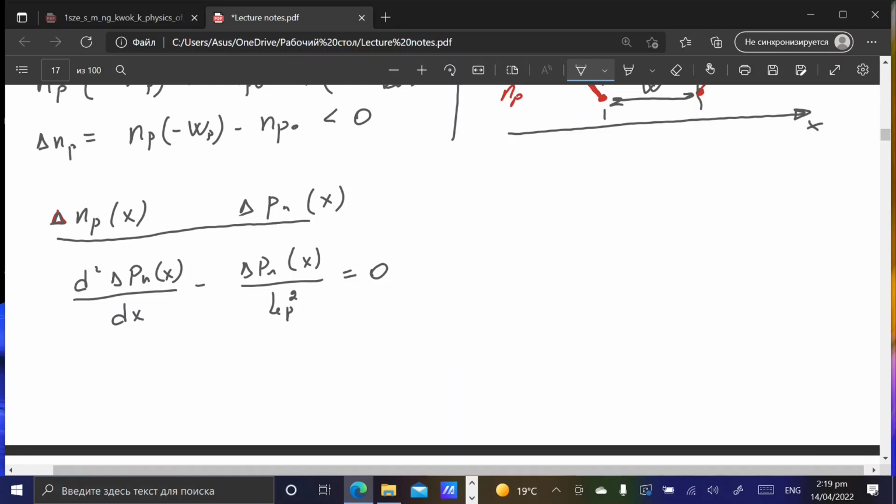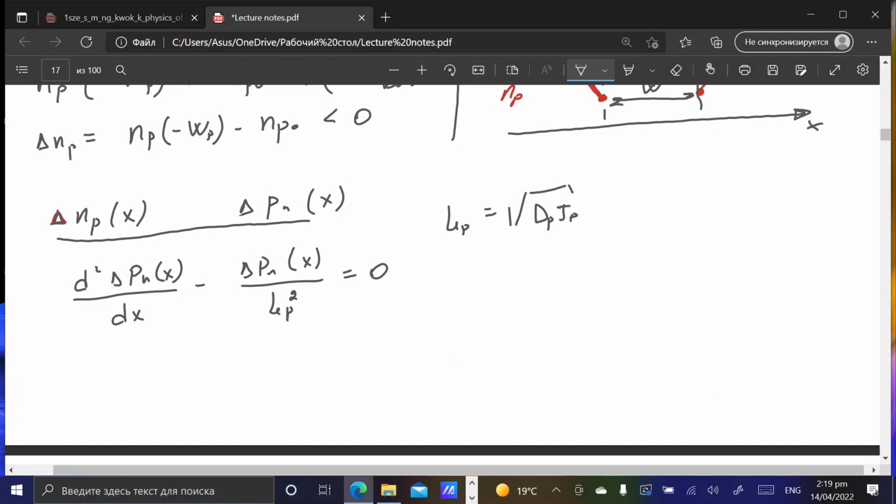Diffusion length. Yeah, it tells us how far non-equilibrium minority charge carriers can diffuse in the semiconductor. So Lp is equal to square root of Dp times tau p.